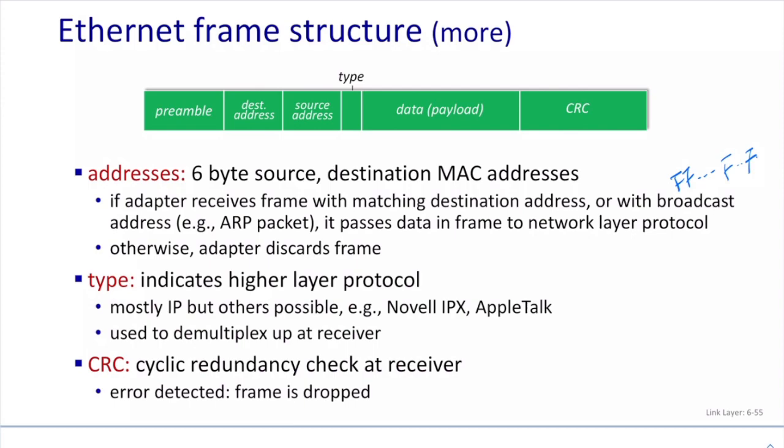Otherwise, the adapter will discard the frame because it is not for this specific destination address. The type field indicates the higher layer protocol. In the early days we had, for example, IPX and AppleTalk, other layer 3 protocols, but currently we simply use the IP protocol. Then there is the CRC, the cyclic redundancy check, at the receiver.